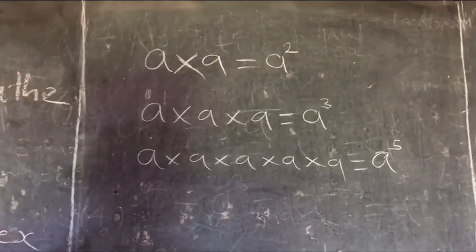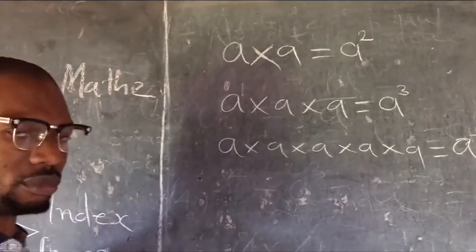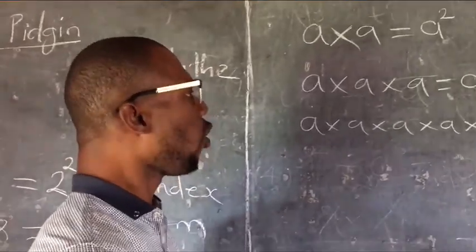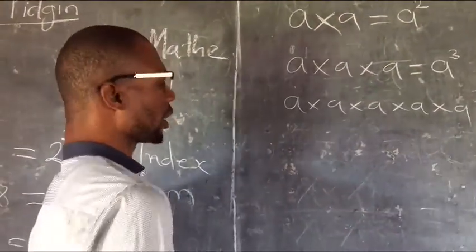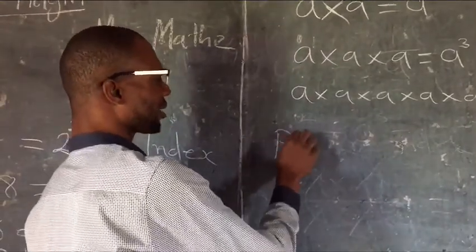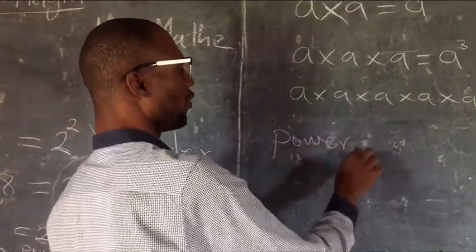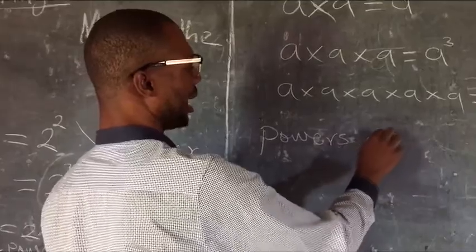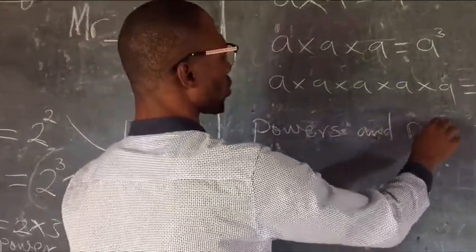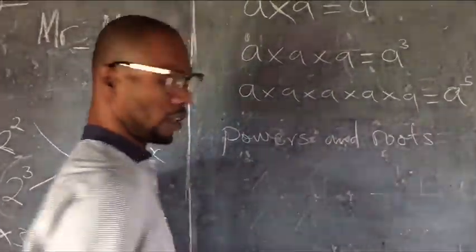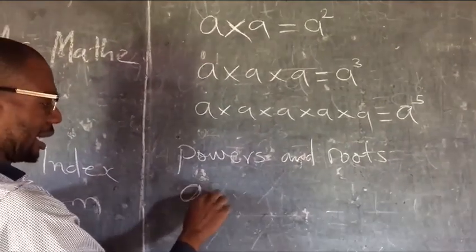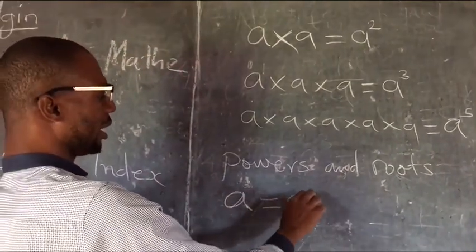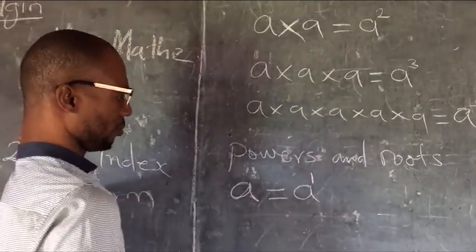Now let us do indices. What I want to talk about now is powers of numbers and roots of numbers. If I have A standing like this, it means this A is raised to power 1.